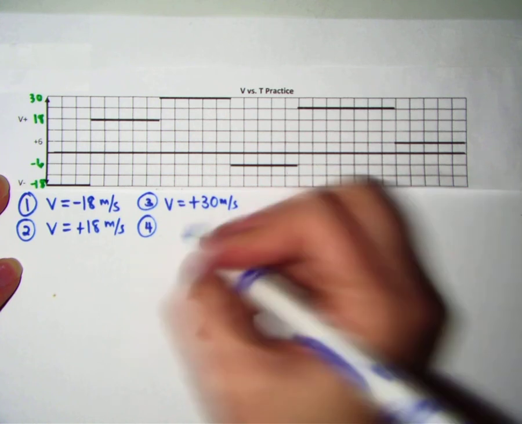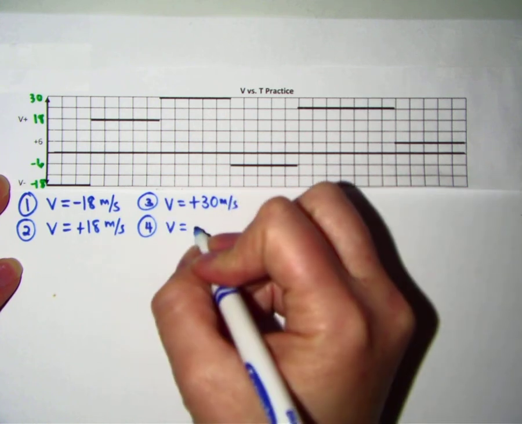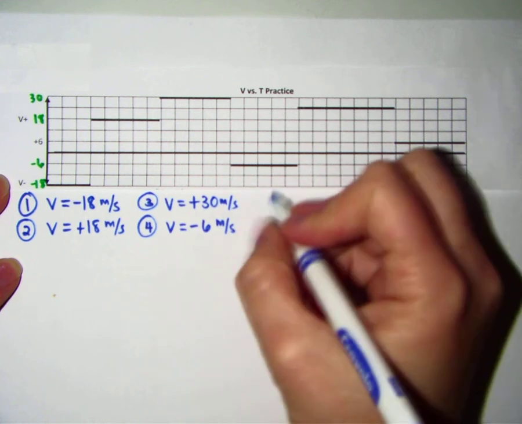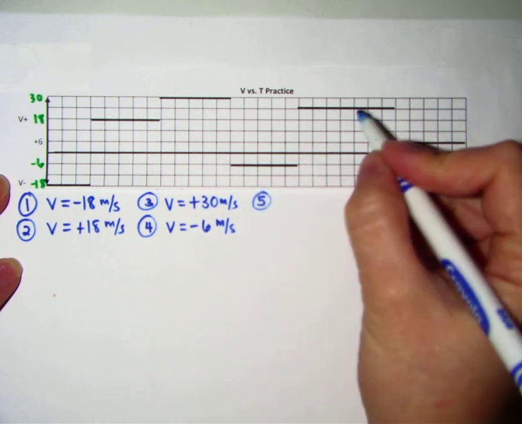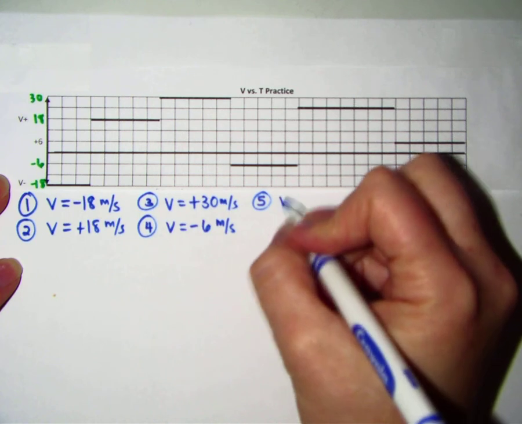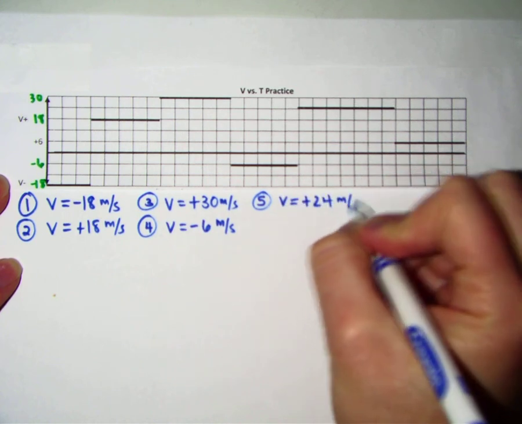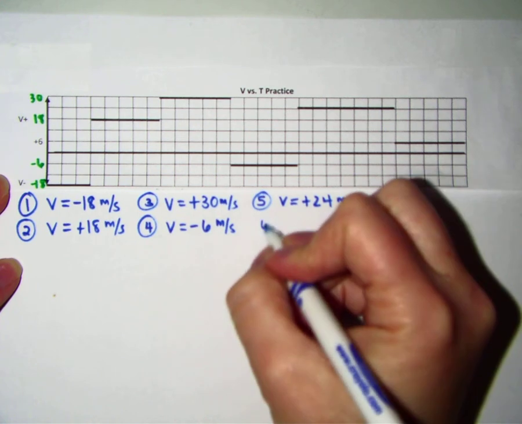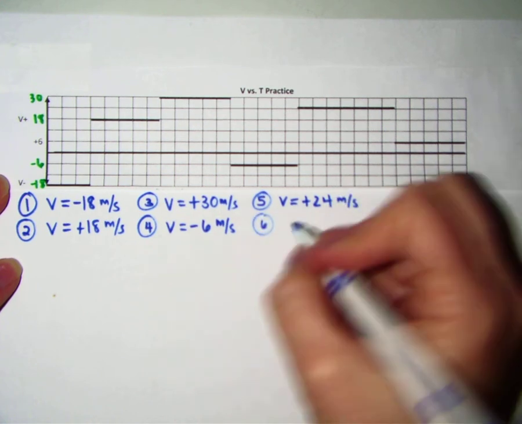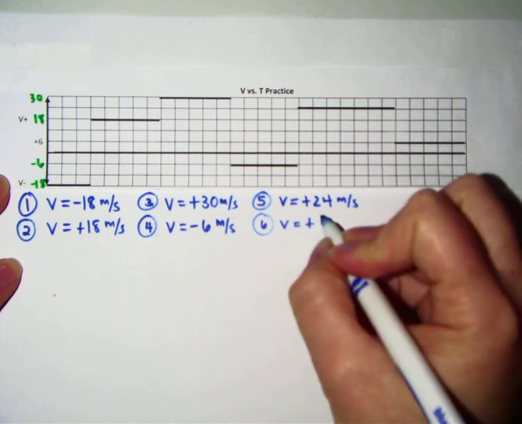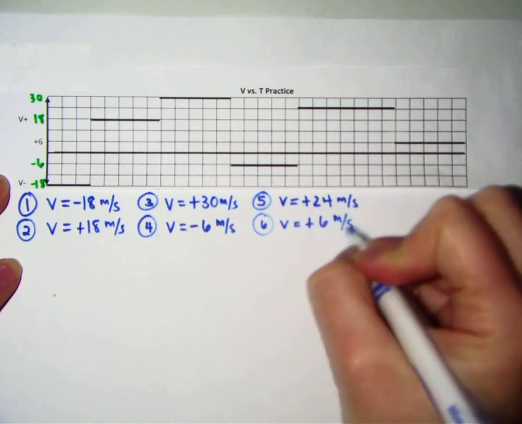Segment number 4 is moving left with a velocity of 6 meters per second. Segment number 5 is moving positively or to the right at 24 meters per second. And segment number 6 is traveling to the right with a positive 6 meters per second.